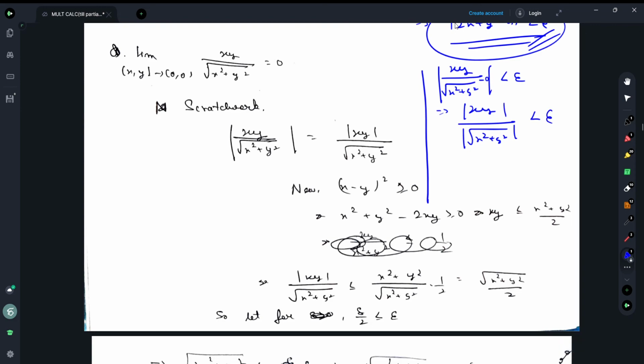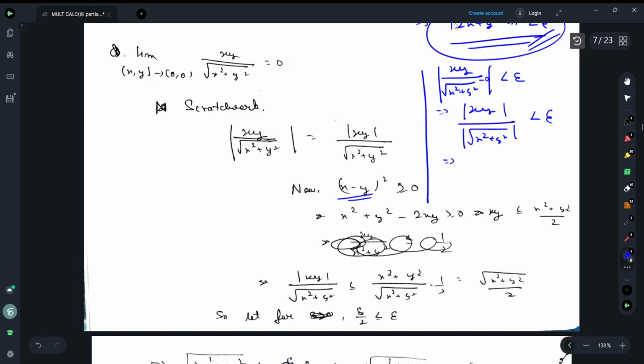Now what is x minus y whole square? x minus y whole square is x square plus y square minus 2xy, and it is always greater than or equal to 0 because x and y are real numbers. That means xy is always less than or equal to x square plus y square over 2. Clear? So what we can do here is convert mod of xy to x square plus y square over 2, so that when we do the back calculation, we can replace x square plus y square over 2 by xy.